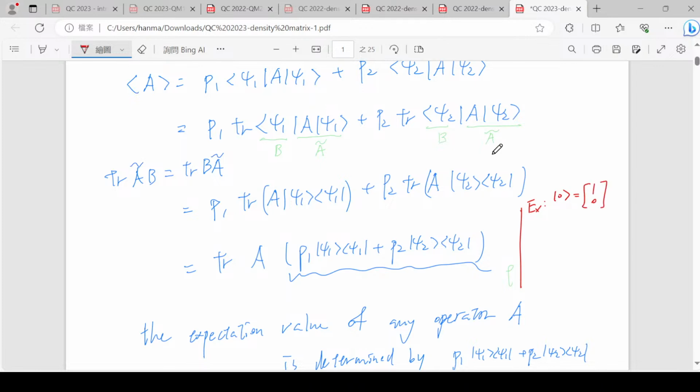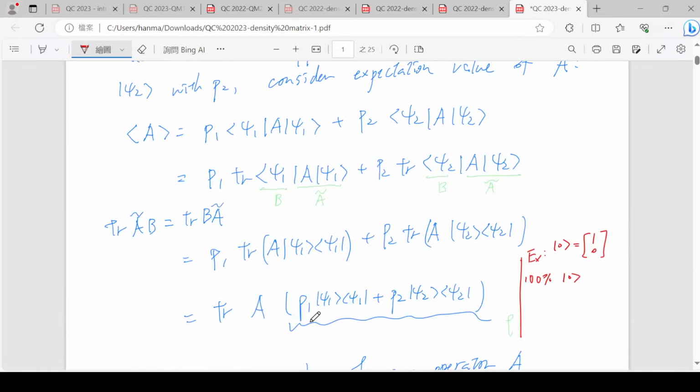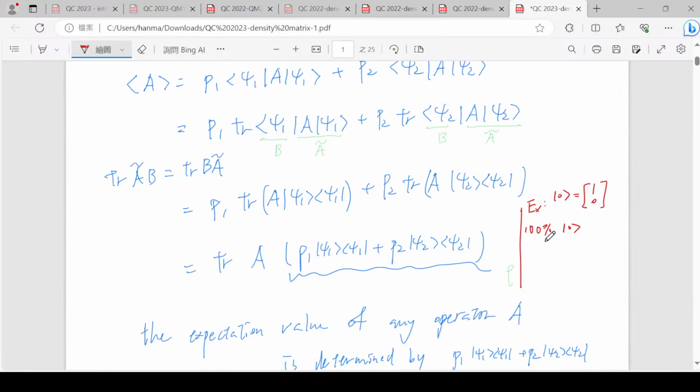If we have 100% of this 0 state, then the density matrix we want to define is the probability times the ket-bra matrix. With probability 1, the ket is the vector (1, 0), and the bra becomes a row vector, (1, 0). The matrix is 1, 0, 0, 0.